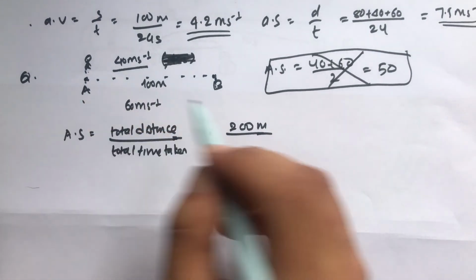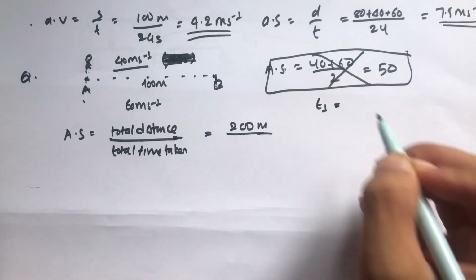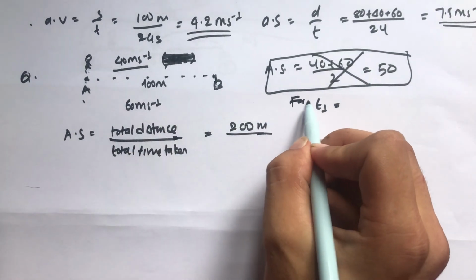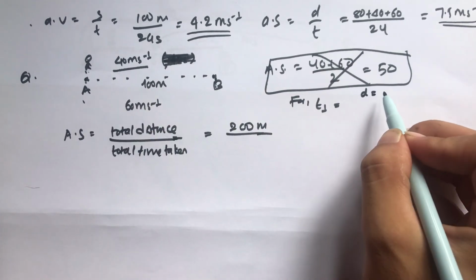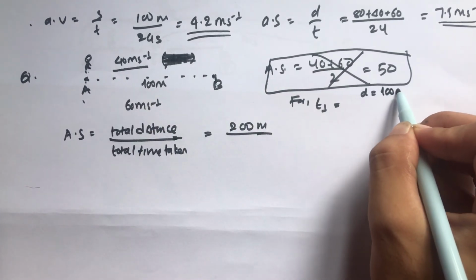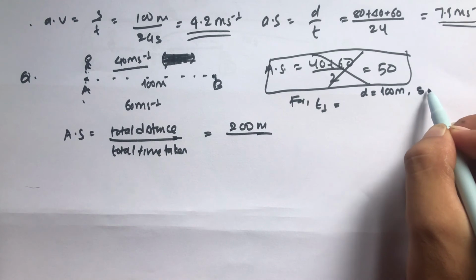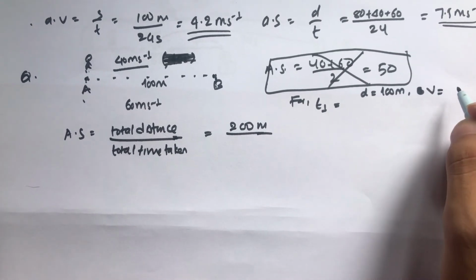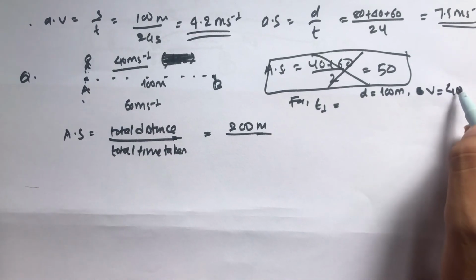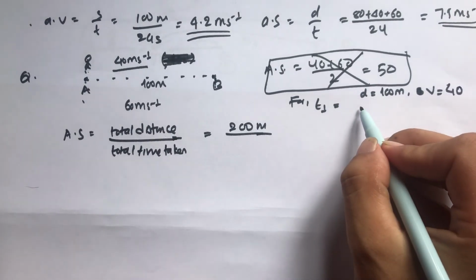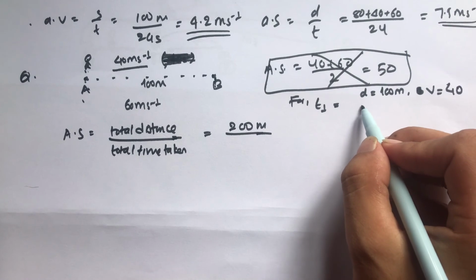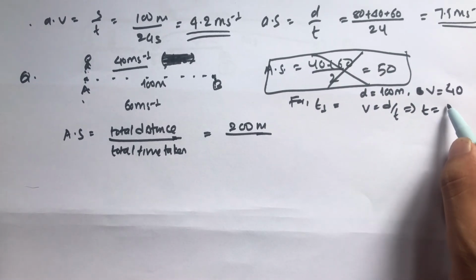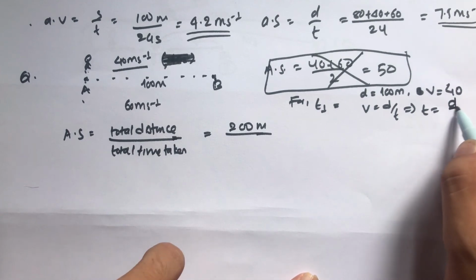So to find the time T1 that he took to reach point B, we have distance equals 100 meters and his speed, I'm going to call speed V, was 40. We know the formula V equals d by t, which would give me t equals d by v.